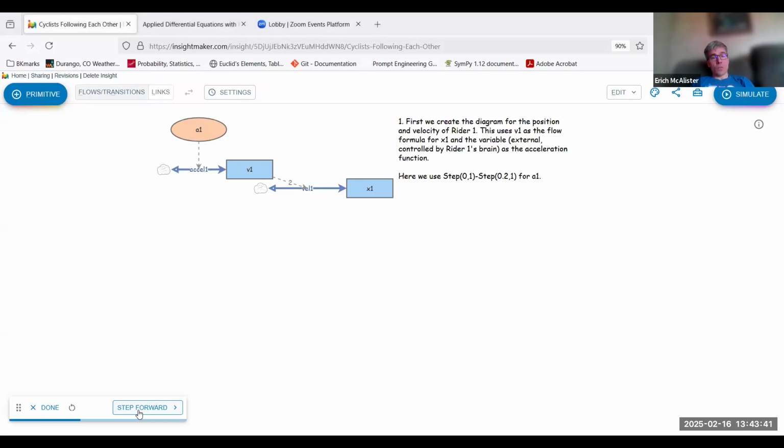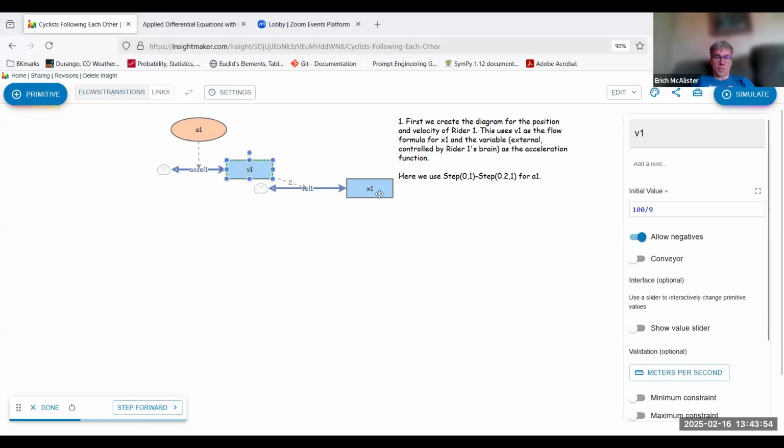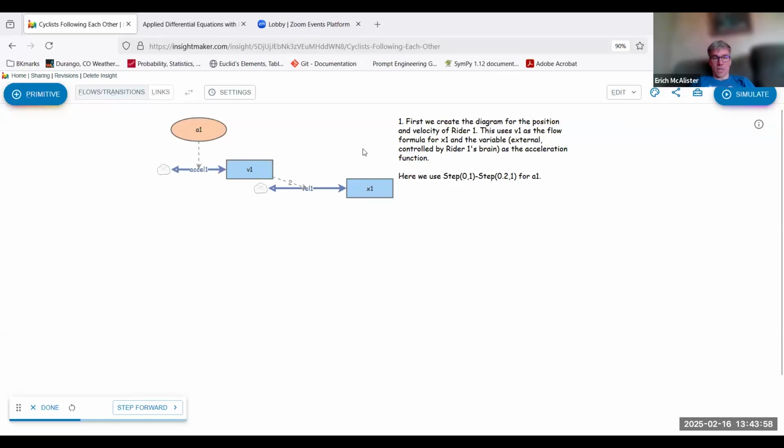The first thing we do is create a stock flow diagram for the first rider. These rectangular items are called stocks, roughly the dependent variables in the model. They depend on time, and the sum of all the flows is the time derivative of that stock.